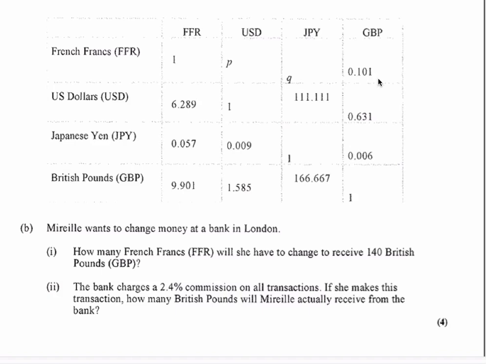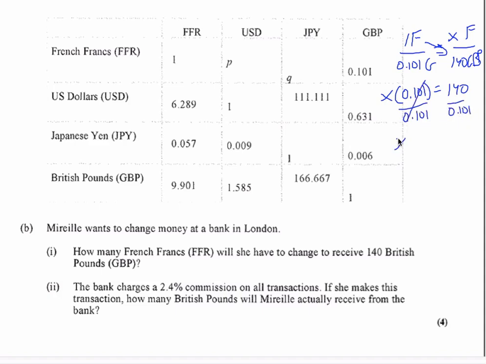So we can use that proportion. 1 French franc is the same as 0.101 Great British pounds, and we want to know how many francs, so that's X, she will need to get 140 Great British pounds. If we set this up, X times 0.101 equals 1 times 140, or just 140. So I divide by 0.101, and X equals 140 divided by 0.101.